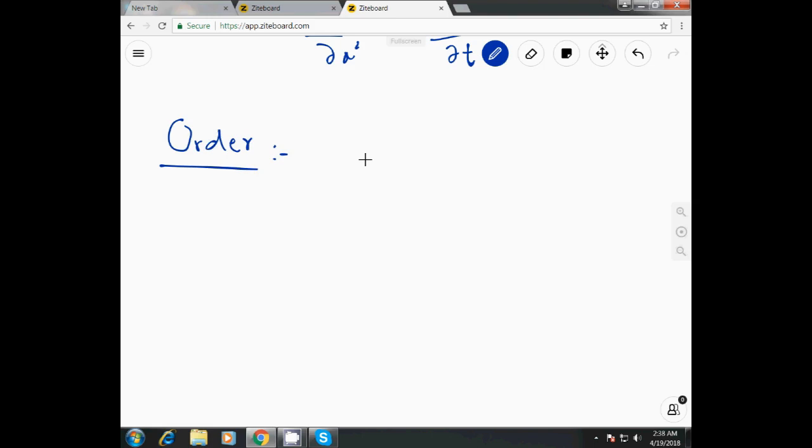The order of a given differential equation is the order of the highest order derivative appearing in the differential equation.